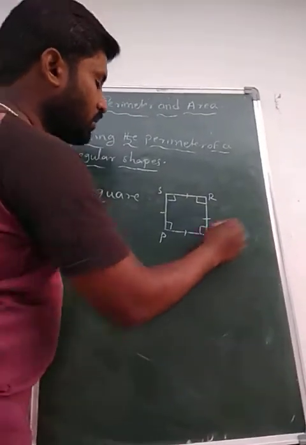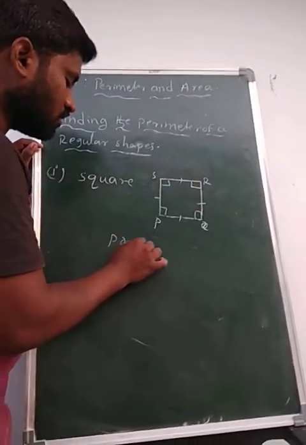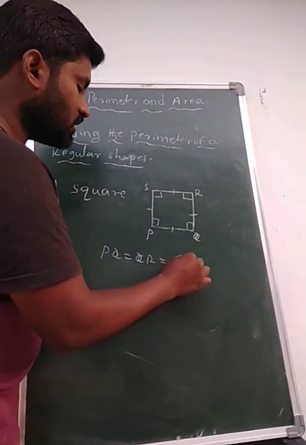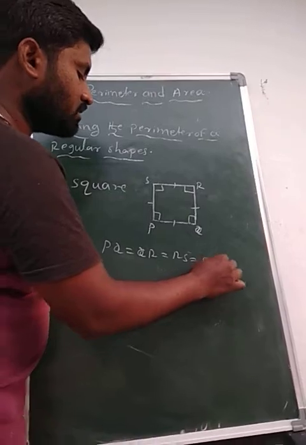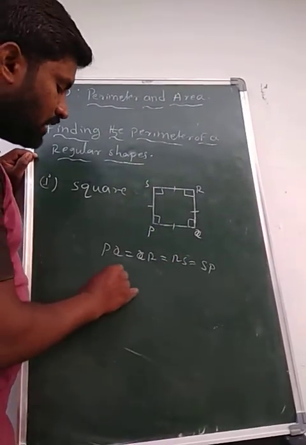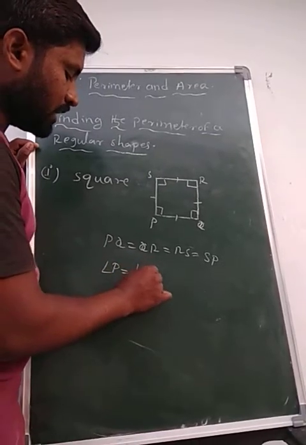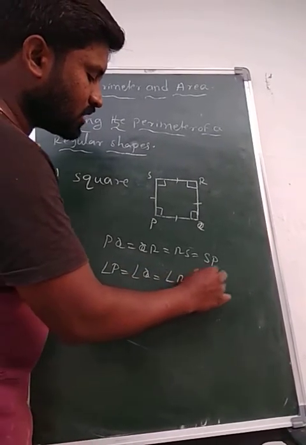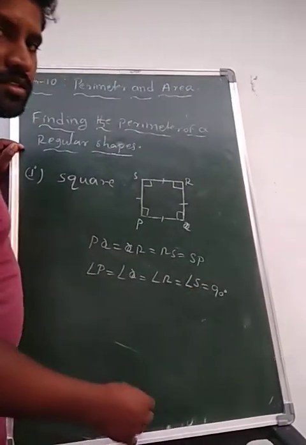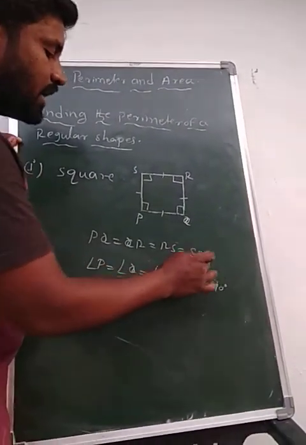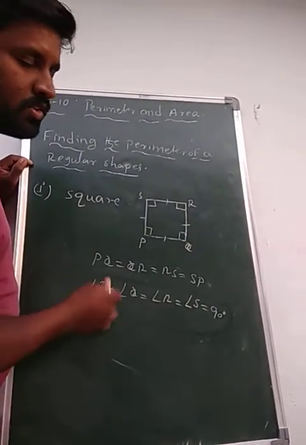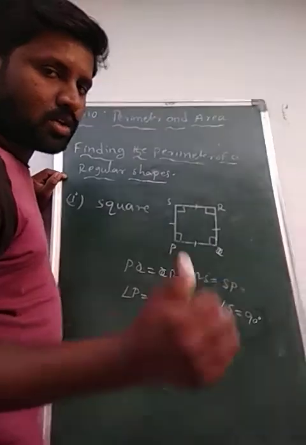PQ equals QR equals RS equals SP, all sides are equal, as well as angle P equals angle Q equals angle R equals angle S equals 90 degrees. All these are equal, and all angles also measure 90 degrees. As per the definition, a square is a regular polygon.